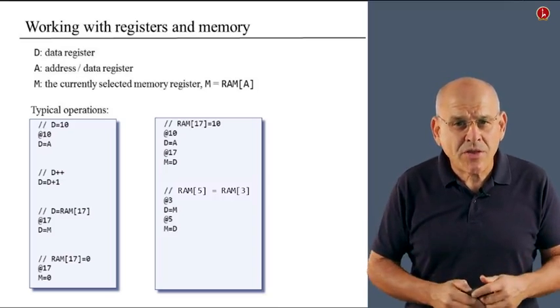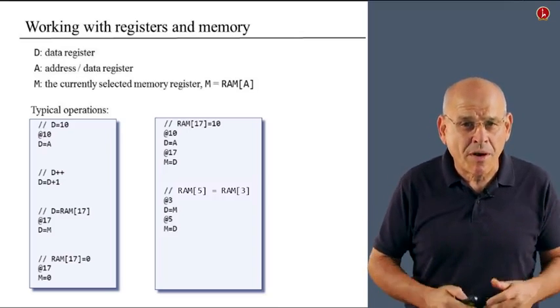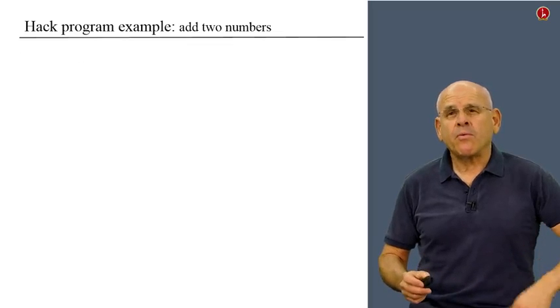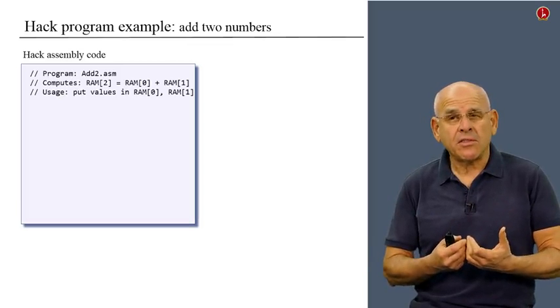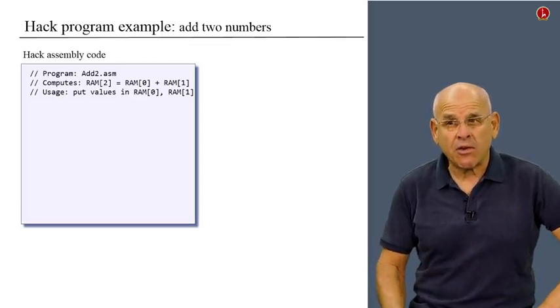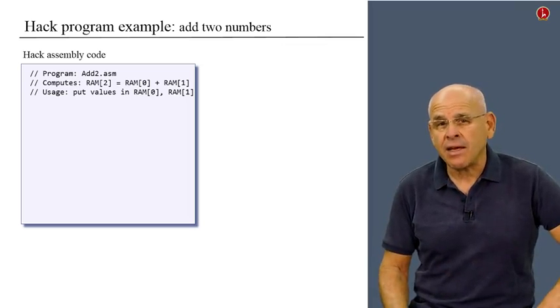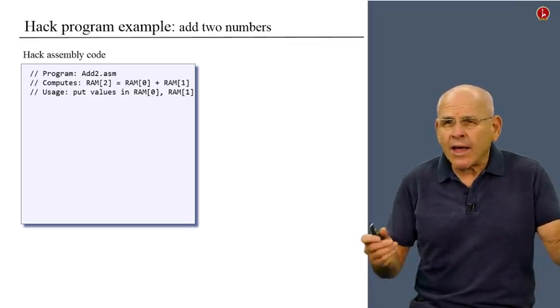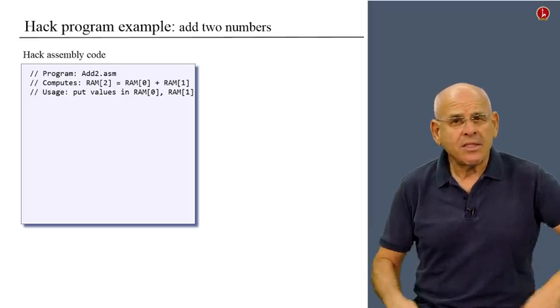All right, so let us take these memory manipulation operations and register manipulations and put them in the context of an actual program. So here's a program which is designed to take two values which are stored in RAM 0 and RAM 1, add them up, and save the result in RAM 2. Now, why these particular 3 words, RAM 0, 1, and 2? Well, this is an arbitrary choice.